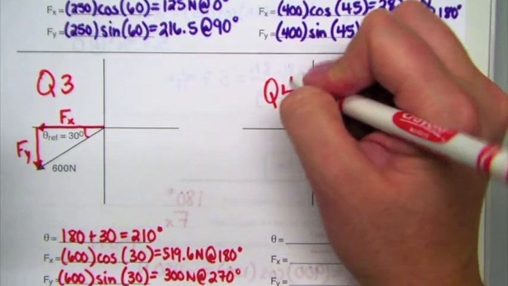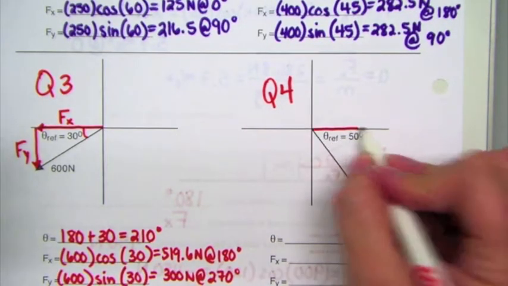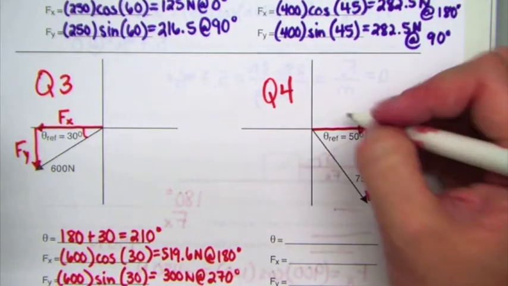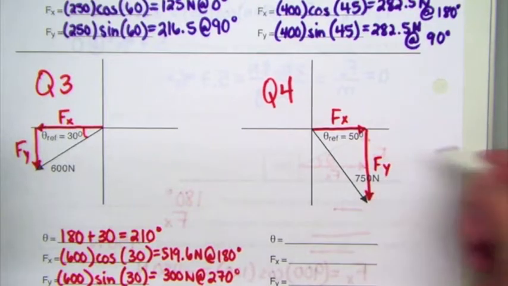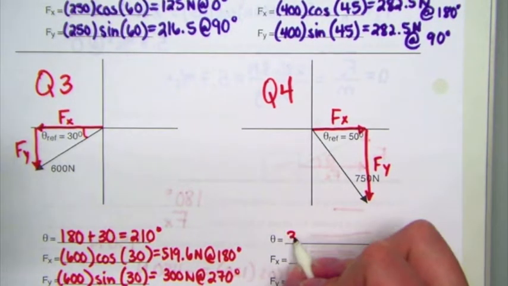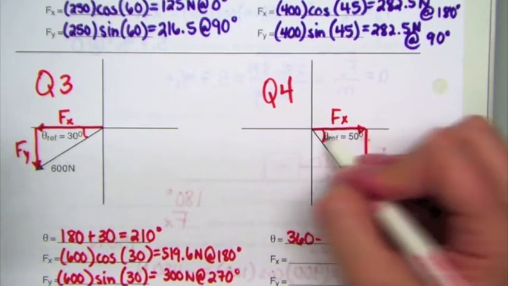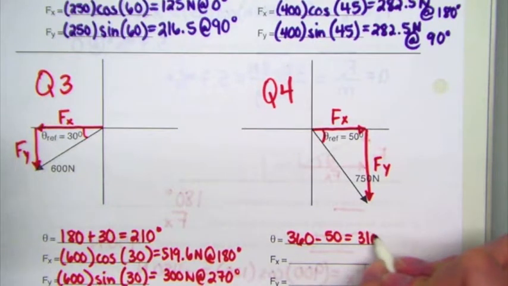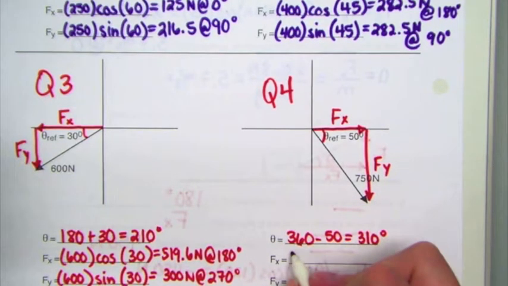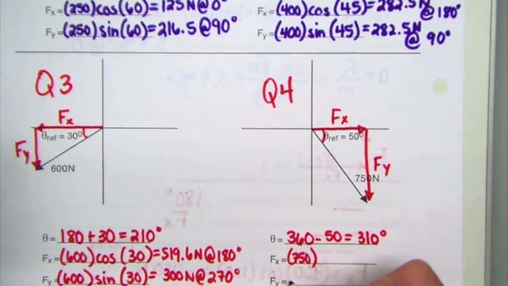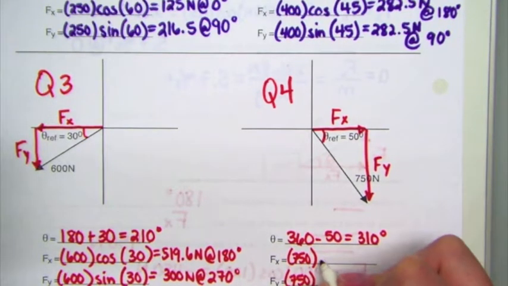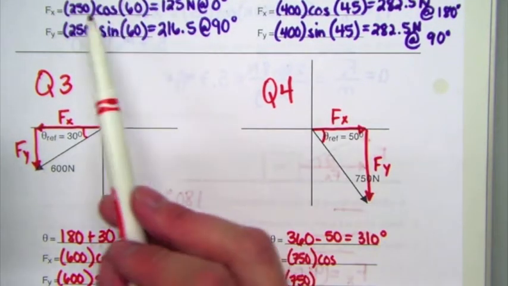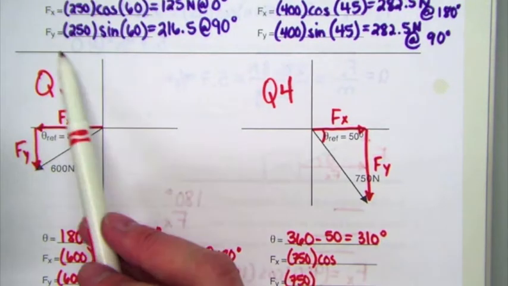Last quadrant, quadrant 4, to the right and down. Because we're in quadrant 4, we subtract from 360 to get this angle here. Okay, because I always draw the x direction and the y direction, x will always be cosine and y will always be sine.